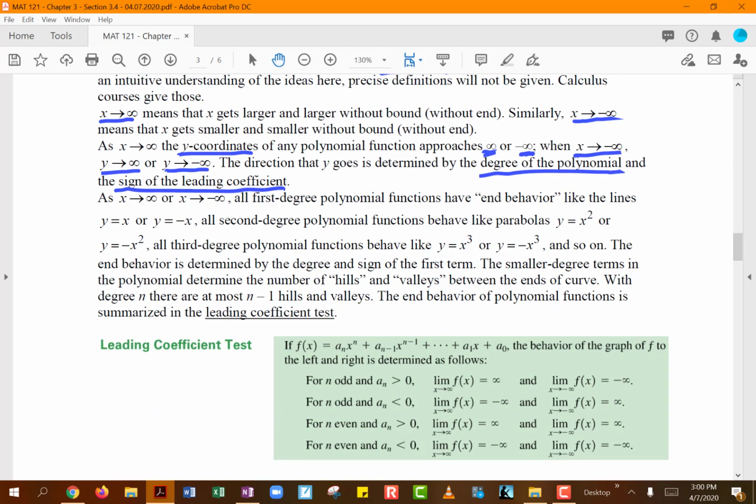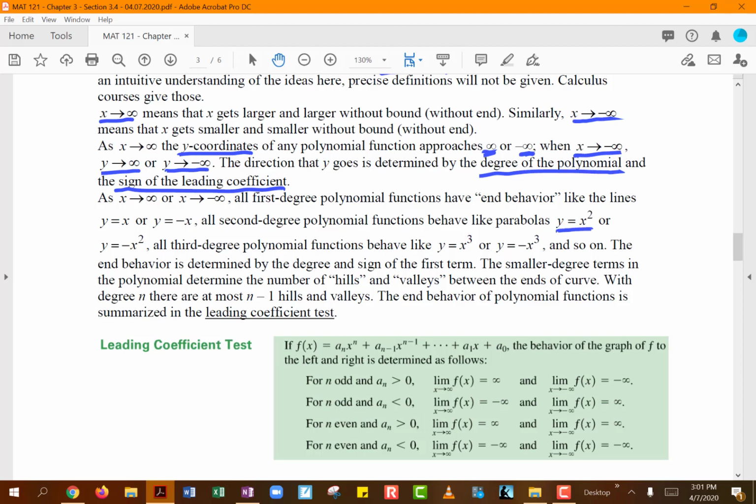Okay? And so here we're basically interested in the end behavior. Remember I said we want to know what the arms of your graph are doing. So again, you can think of your y equals x squared and y equals x cubed functions.